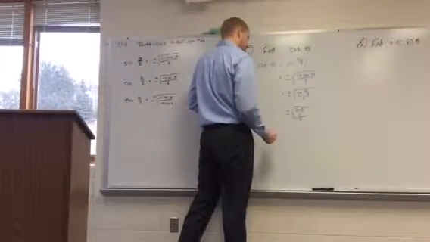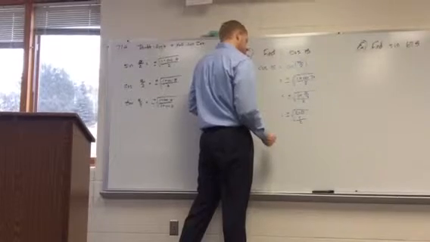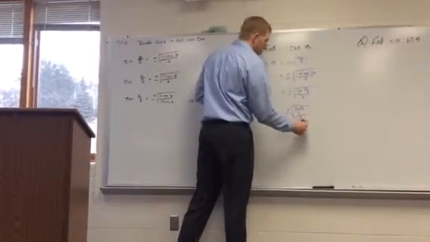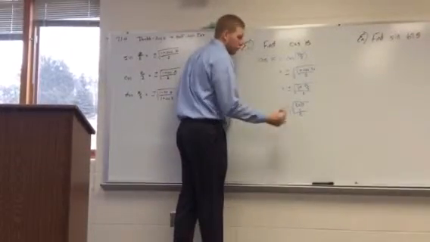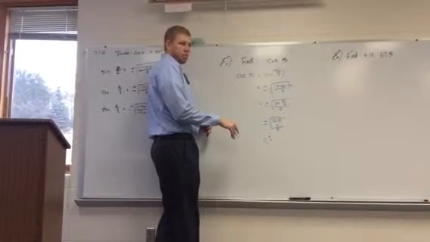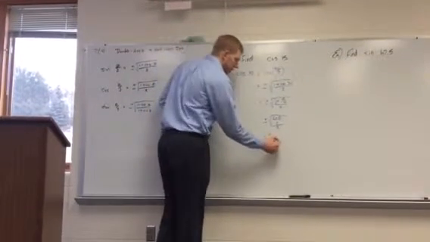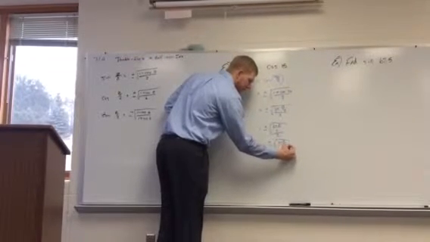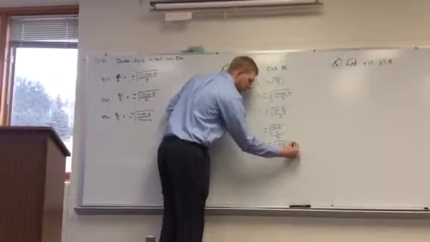Oh, okay. So, never mind. Ignore what I just said. Since I have a fraction inside, I'm going to multiply it by the reciprocal. So I get square root of 2 plus square root of 3 over 2 times 1 over 2.